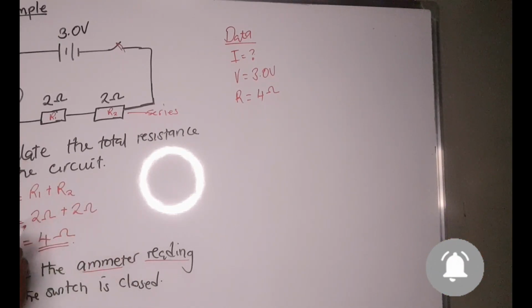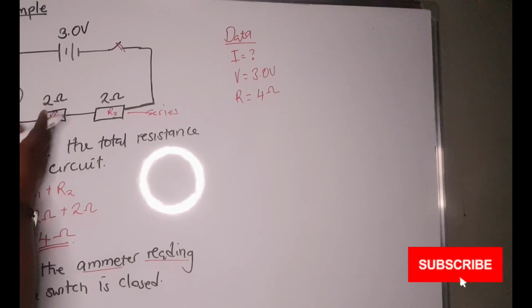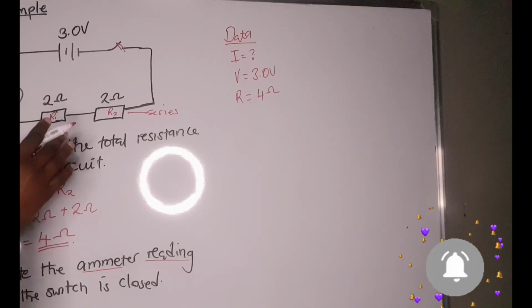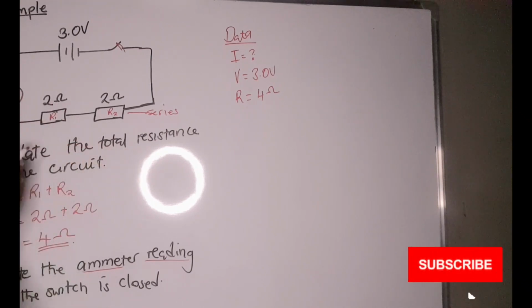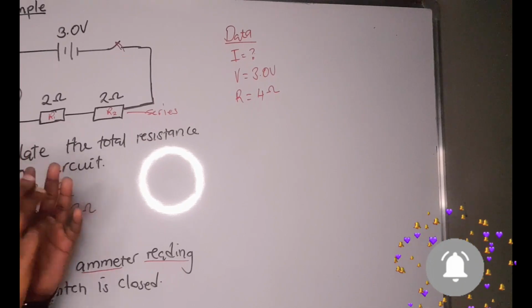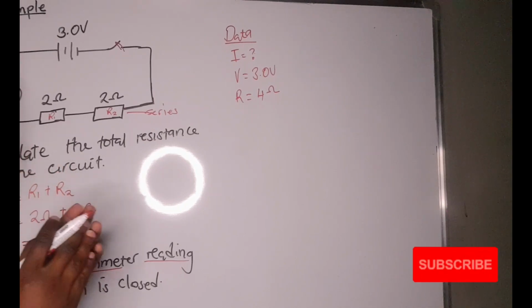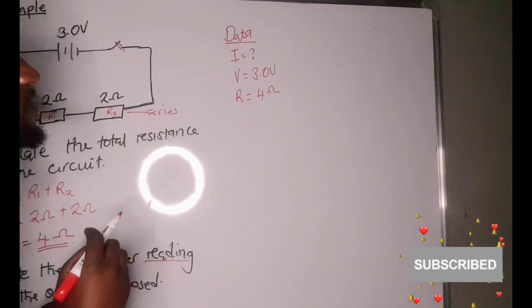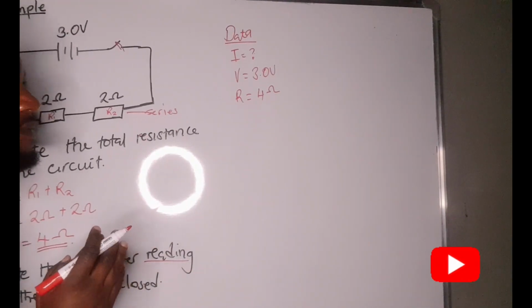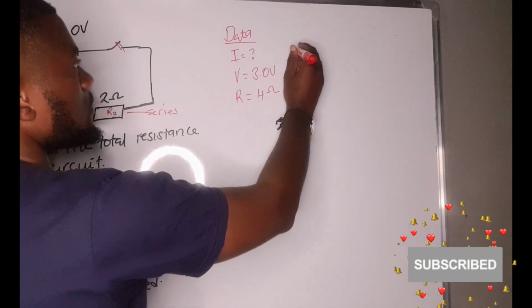We are not calculating the current for a particular resistor. Whatever current we get will be equal at all points, as in those rules we looked at. Here we use 4 ohms because that is the total resistance in the circuit.